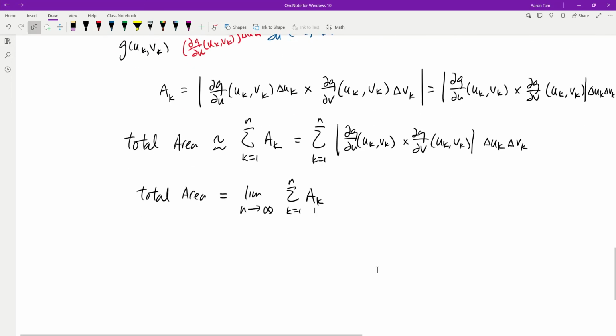And as you already know, this is a Riemann sum, and therefore allows me to transform this into an integral. Let me write out the Riemann sum first. So here's the Riemann sum.